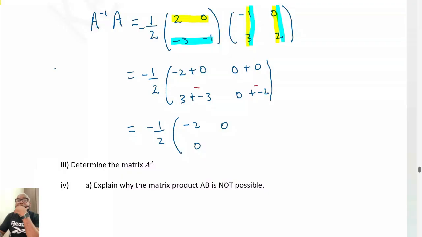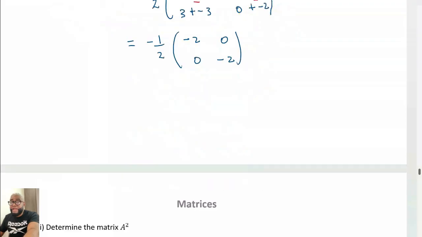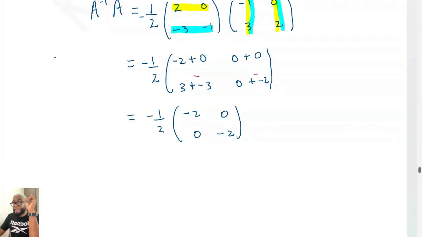So negative 2 plus 0 gave me the negative 2. 0 plus 0 is 0. 3 minus 3 gave me 0. And then 0 minus 2 will give me negative 2. Cool? Everybody good there? Now, the number outside the bracket needs to be multiplied by everything within the bracket. Right, Megan? So we go in.